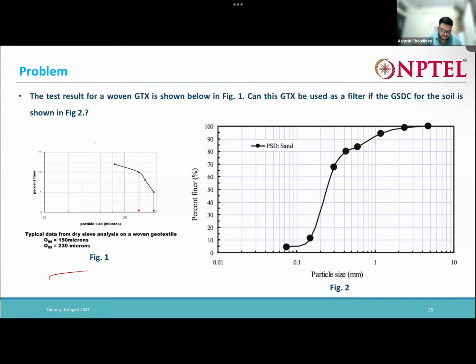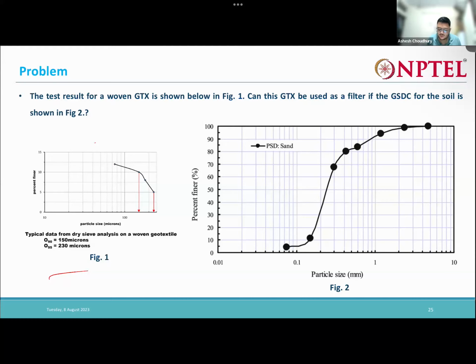From figure 1, we can find out the O90 and O95. The dry sieve analysis was conducted on this woven geotextile, and we got the O95 and O90 sizes. The O90 is 150 microns and the O95 was 230.